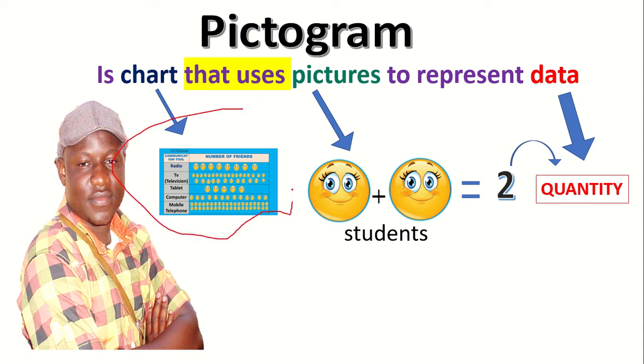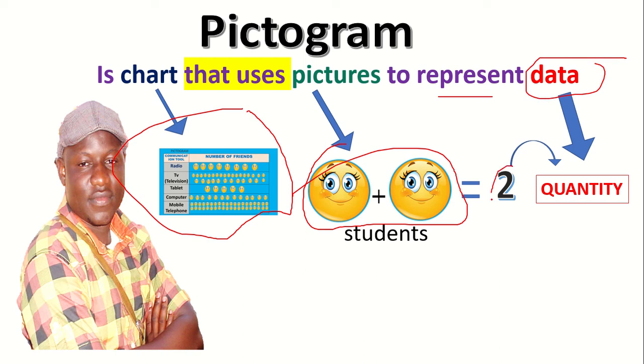A chart that uses pictures. You can see the pictures there to represent data. Data, you can see numbers. Quantity is written there. So you must understand data as numbers.